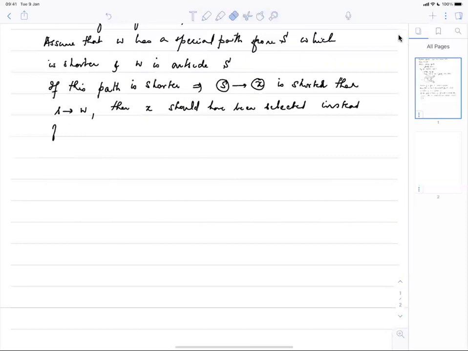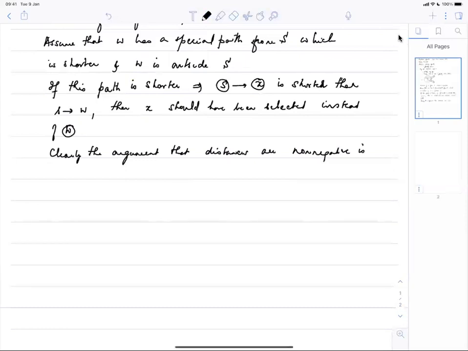Clearly, as I already mentioned, the argument that distances are non-negative is important.